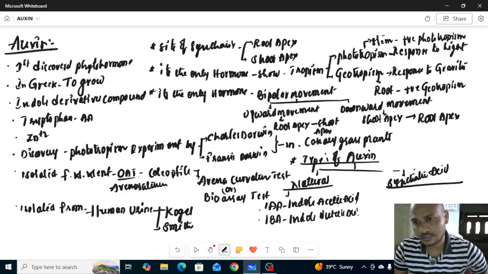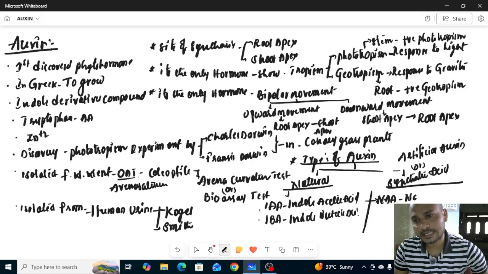Now coming to synthetic auxins, also called artificial auxins. There are three types. One is NAA, meaning naphthalene acetic acid, and 2,4-D, and one more is 2,4,5-T.